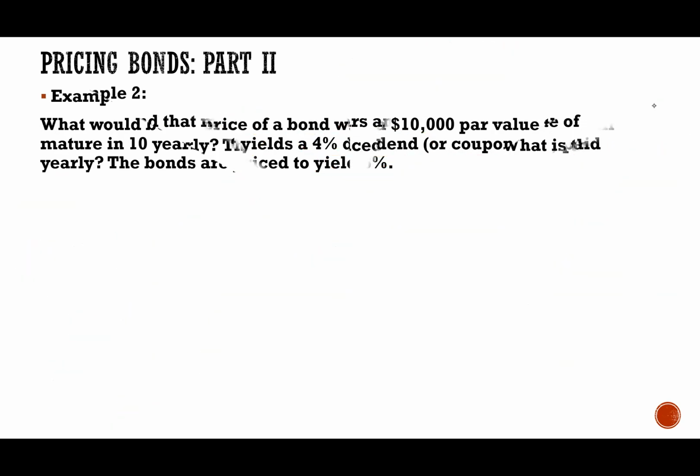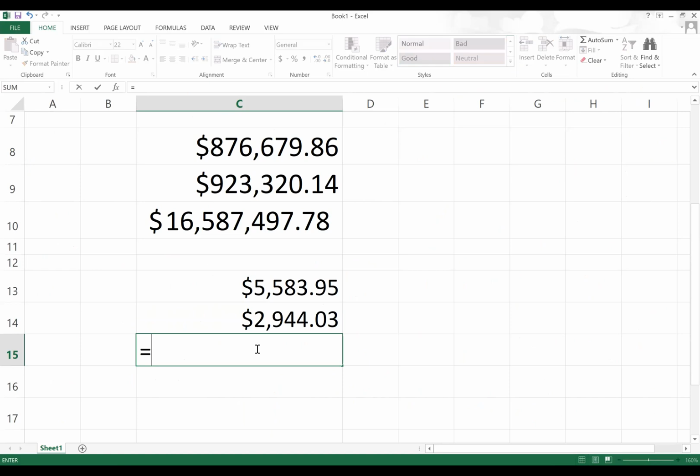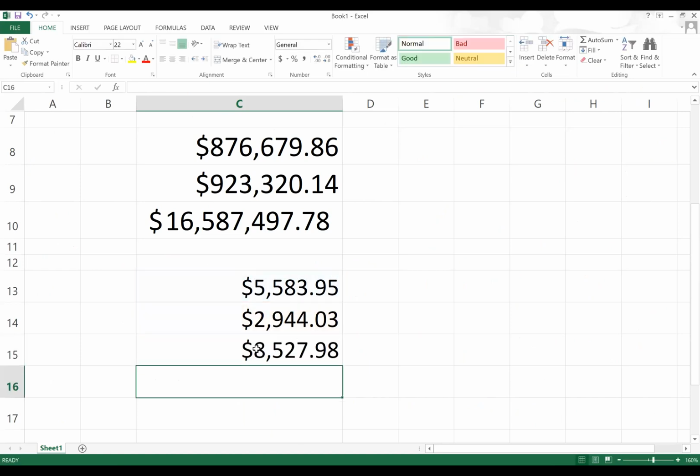So the bond price is $8,527.98. Okay, we can quickly double check in Excel. Just combine those two numbers, adding them, and it turns out to be 8,527.98.